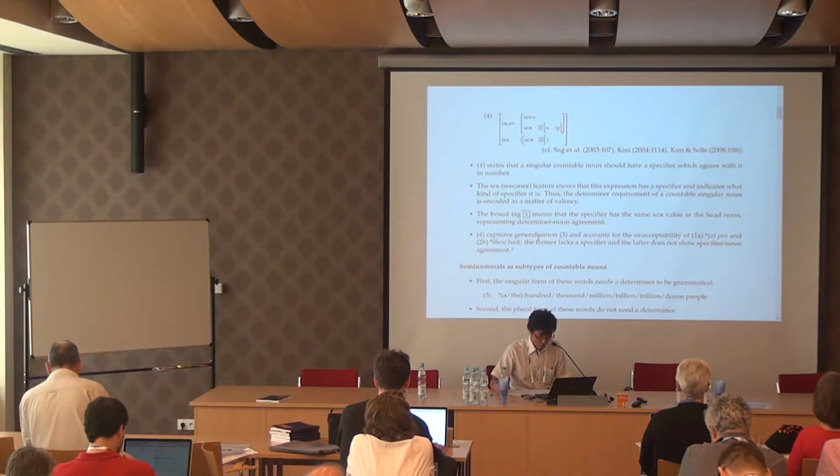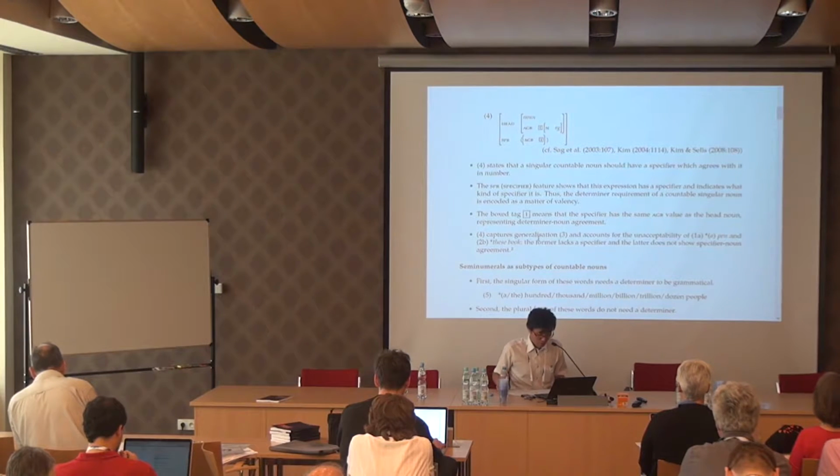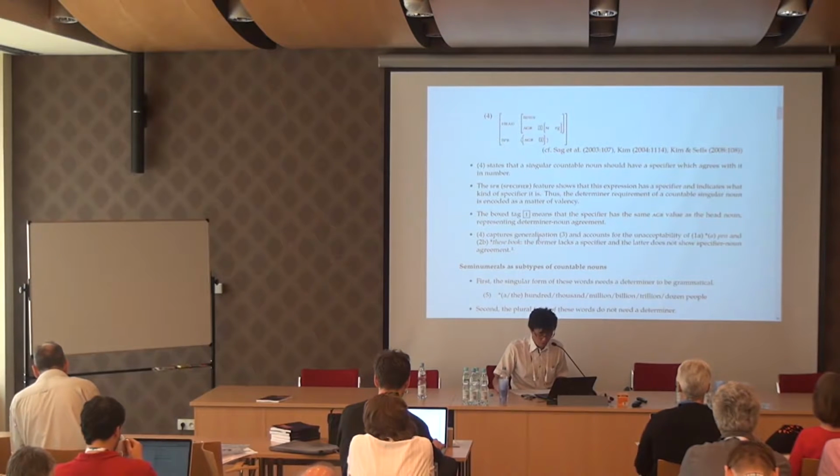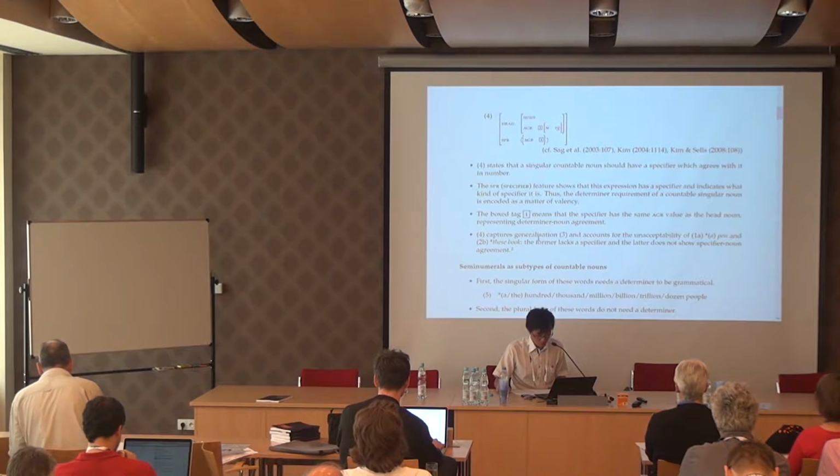And in its value, the number, which is described as n, represents information about the grammatical number, and its value SG, which stands for singular, says that this expression is morphosyntactically singular.